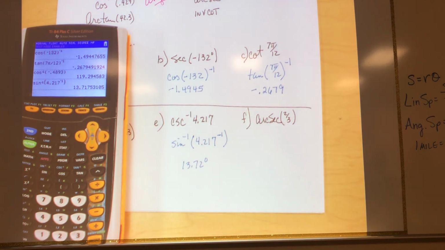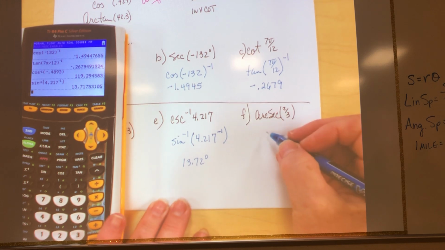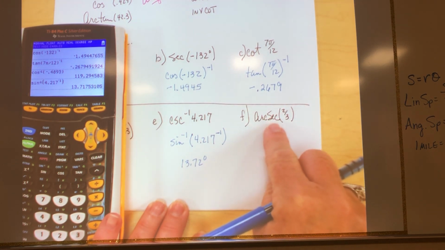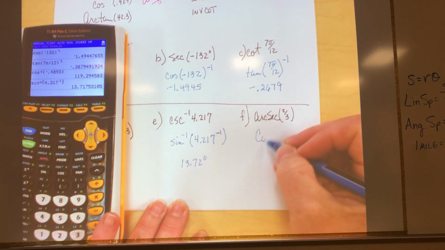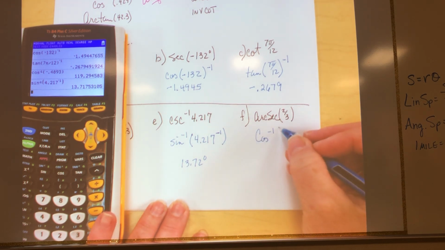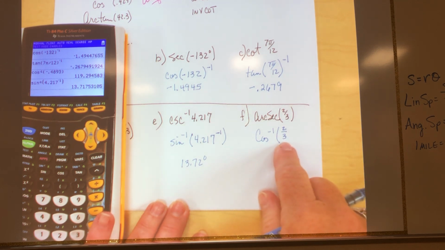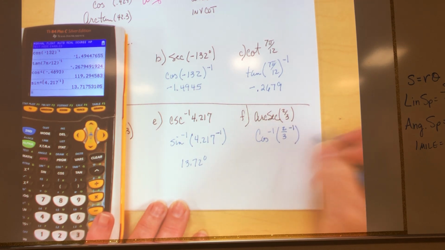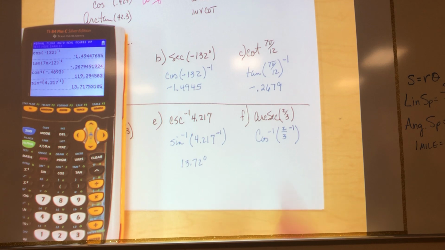Okay, so now tell me what I have to do. Second and click sine. Second and who? Cosine. Alright, so I'm gonna do inverse cosine of 2/3. Do I have to use my fraction button? Yes. Y'all listen to me, if you're gonna use the reciprocal button on the inside, you have to use the fraction button. If you don't, it will take the reciprocal of that second number and you'll be all messed up.